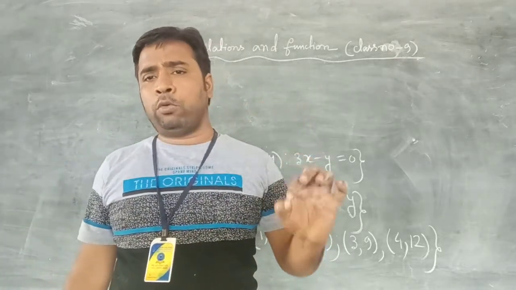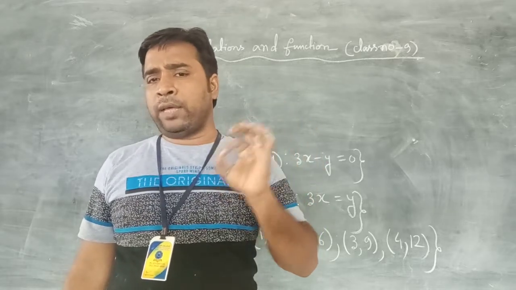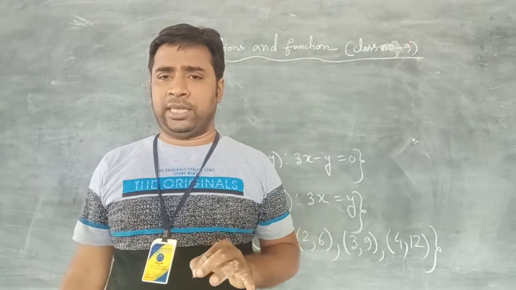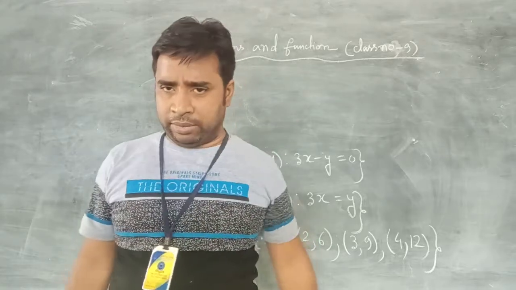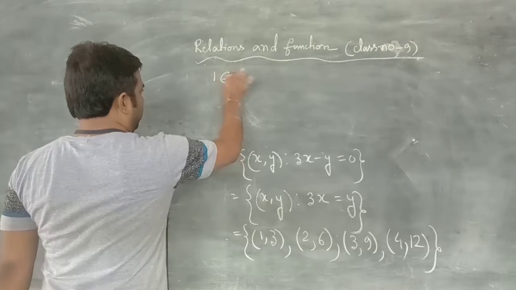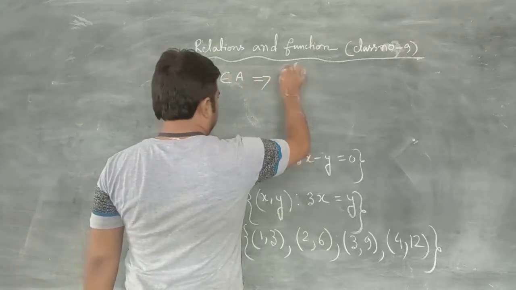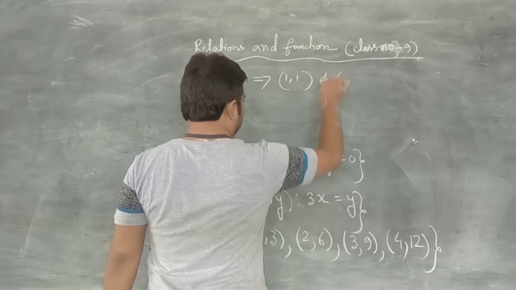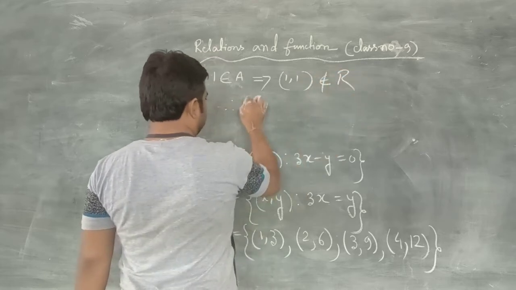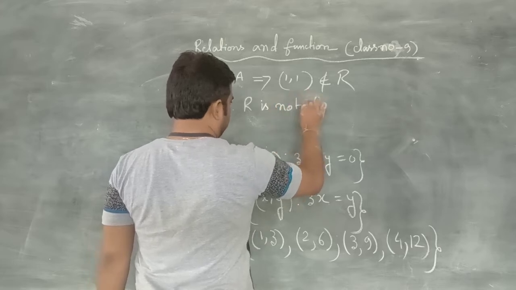Only if the first element satisfies the condition do you search the second element. So 1 belongs to A implies (1, 1) does not belong to R. So R is not reflexive.